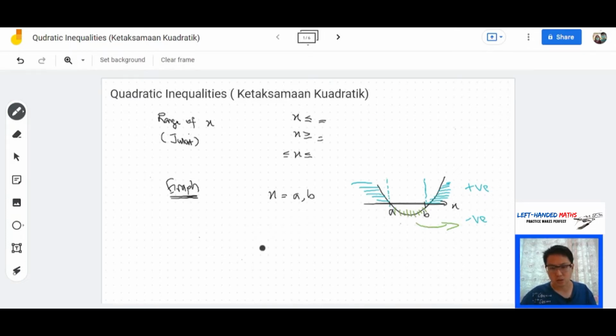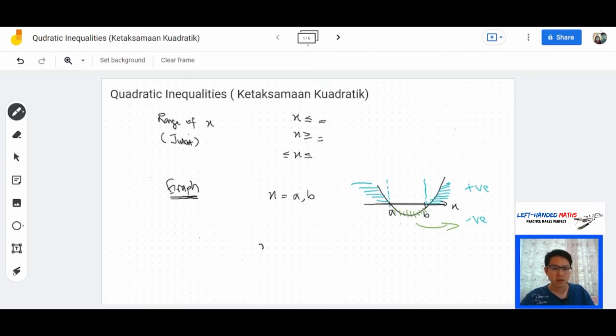The next thing is, when you want to write your answer, you have to refer to the inequality sign, or tanda ketaksamaan. Let's say you already factored your quadratic as (x minus a)(x minus b).